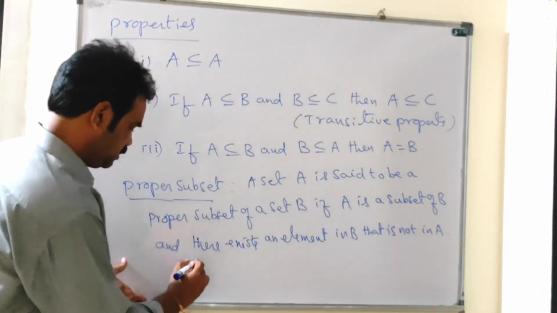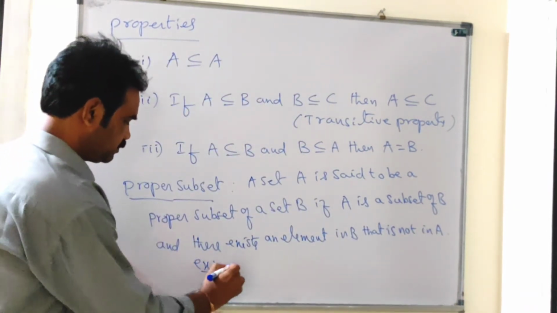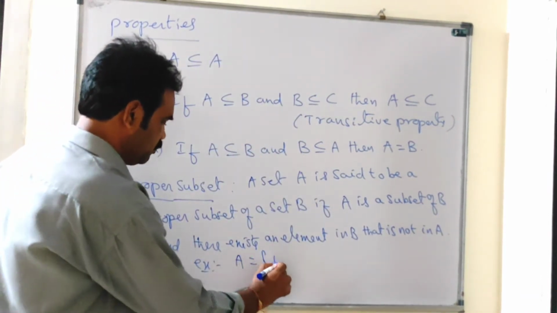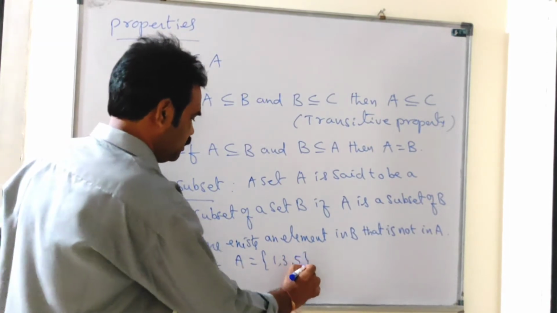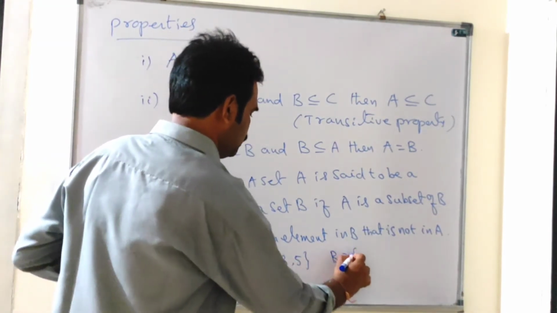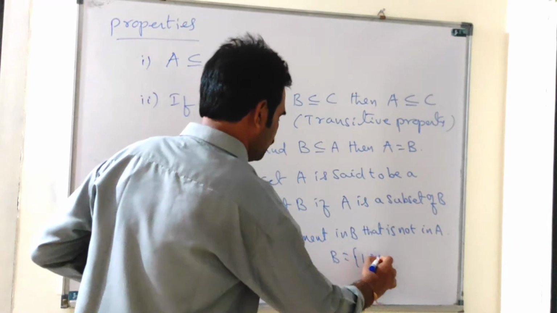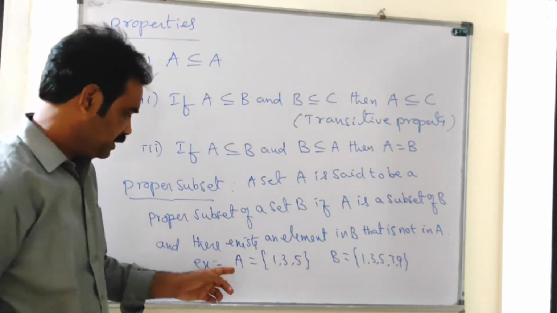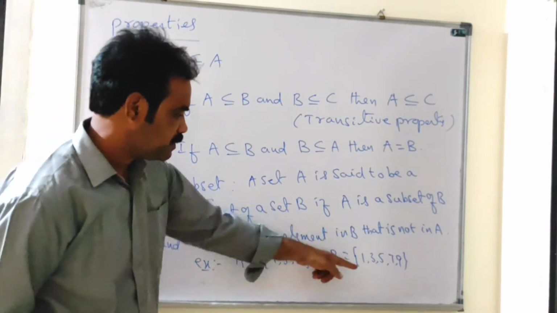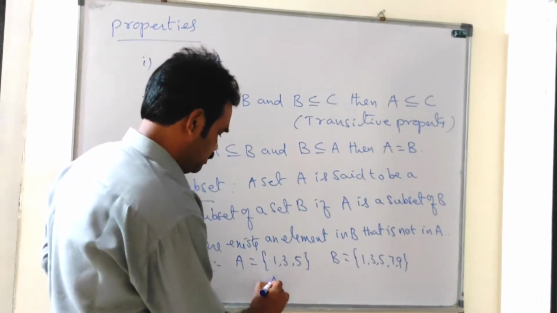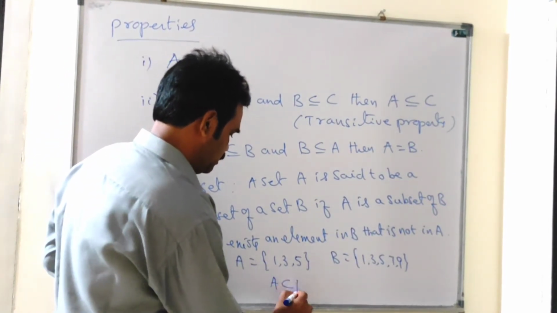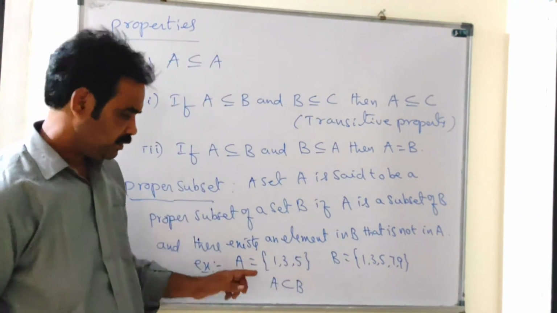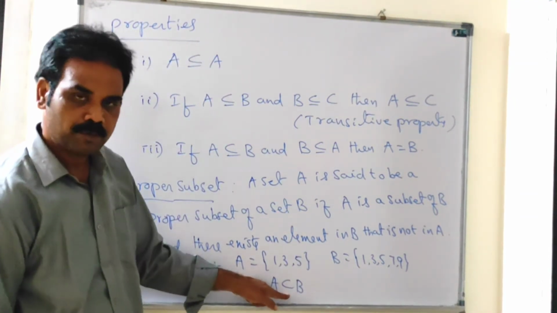See for example, A equal to 1, 3, 5 and B equal to 1, 3, 5, 7, 9. Then A is a proper subset of B. We use this notation for proper subset.